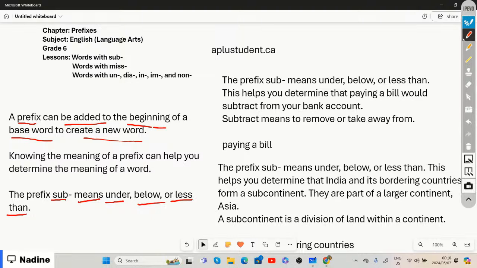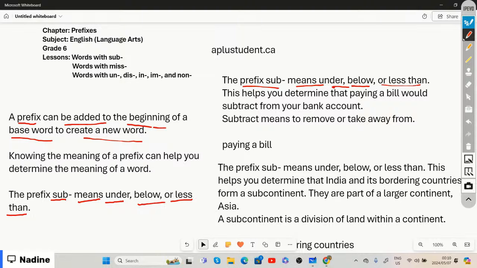And if we look at the examples of the prefix sub, we said it means under, below, or less than. And this helps to determine that paying a bill would subtract from a bank account, right?